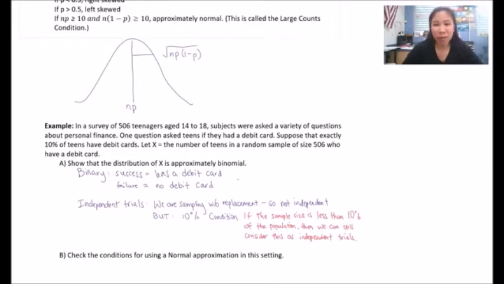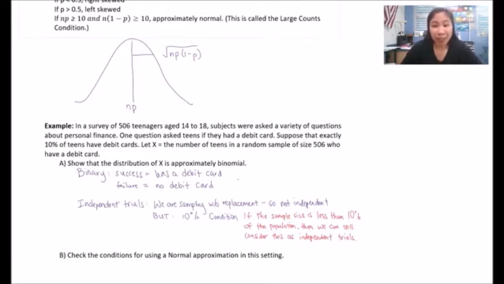So 10 times 506 is 5,060. And so a population of teens, because that's who we're trying to study in this problem, a population of teenagers from 14 to 18 years old, to have a population be 5,060 or more seems reasonable, because even in the US, there's way more than 5,060 teens.